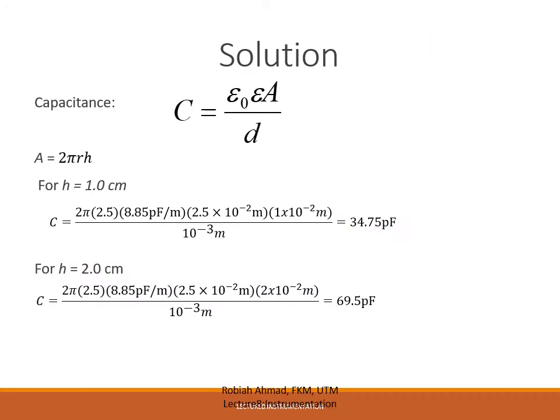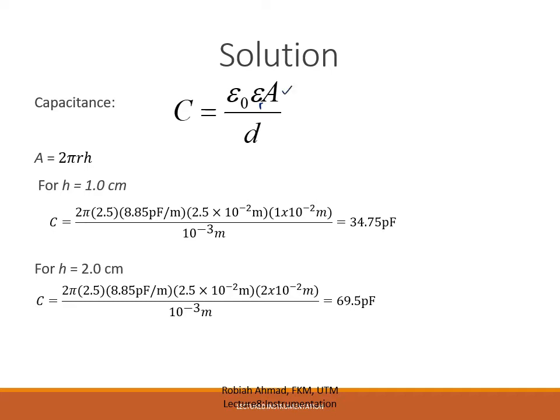As a solution, the equation to calculate the capacitance value is C equal to epsilon naught epsilon r multiplied with area divided by D. And we do know that for this displacement sensor, the capacitance value will change due to the shed area here.